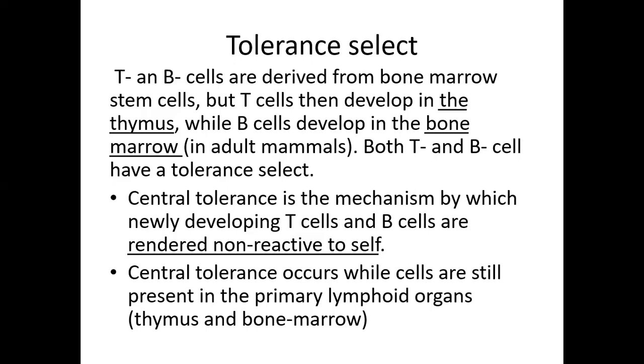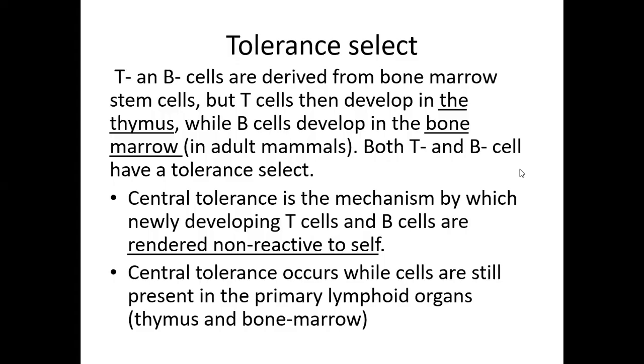Central tolerance is the mechanism by which newly developing T cells and B cells are rendered non-reactive to self antigens. Central tolerance occurs while cells are still present in the primary lymphoid organs, the thymus or the bone marrow.